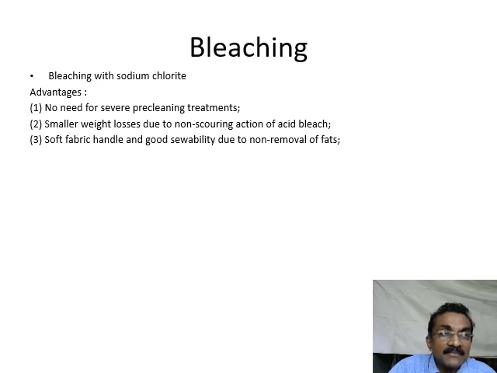At the same time, some fatty matter remains with the fabric. So the sewability of the fabric is very easy, and therefore such fabrics require this process. Definitely, sewability is sometimes a major requirement, and at that time this bleaching process is performed.